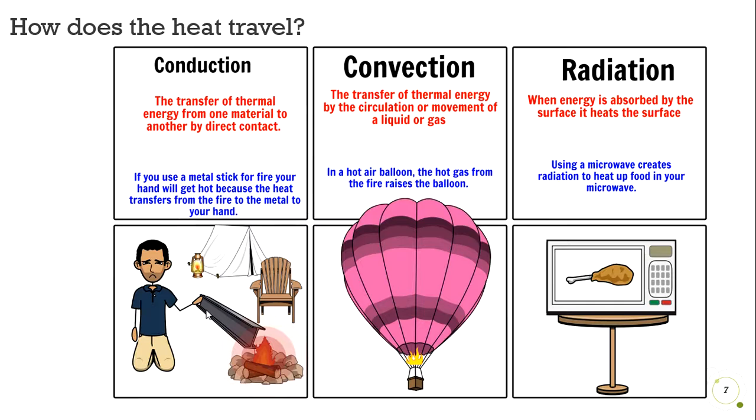So conduction is when you are touching something and the heat moves from that object into you. On the other hand, convection is the flow of thermal energy through liquid or gas caused by hot parts rising and cool parts sinking. For example, you know that warmer air is less dense than colder air.